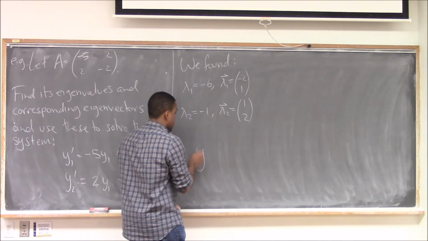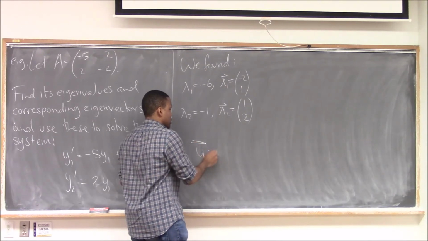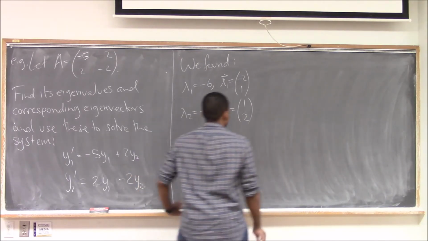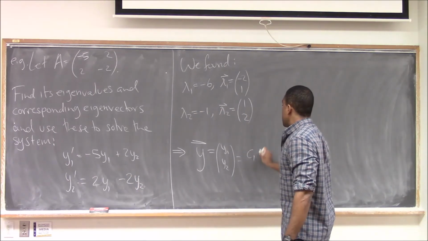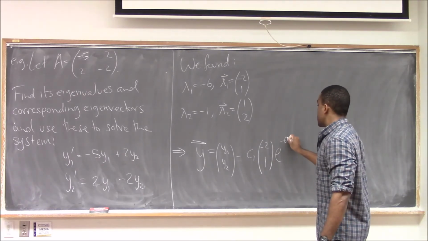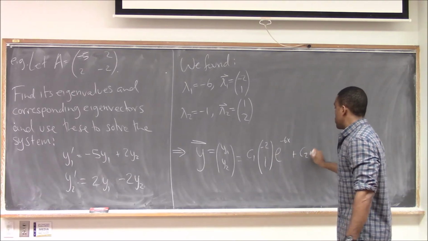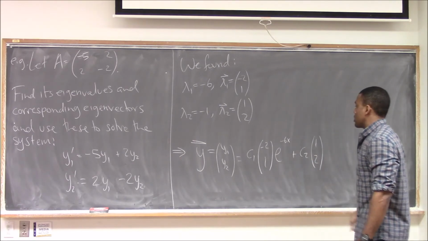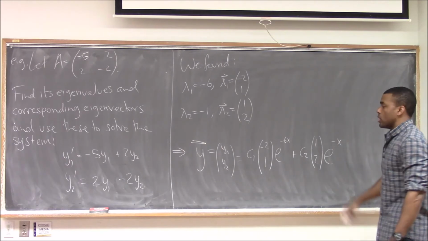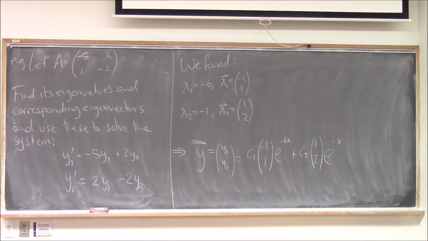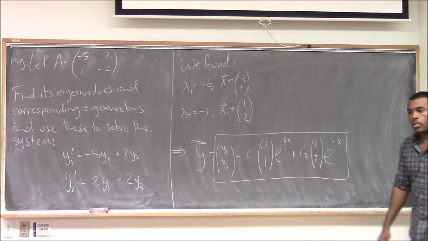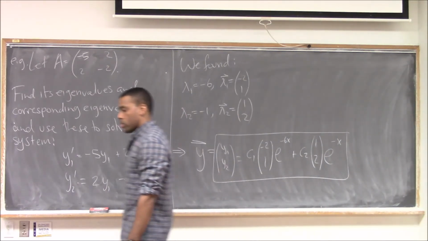This means that the solution vector, i.e. y1 and y2, are given by c1 times (minus 2, 1) e to the minus 6x plus c2 times (1, 2) e to the minus 1x. C1 and C2 are arbitrary constants.